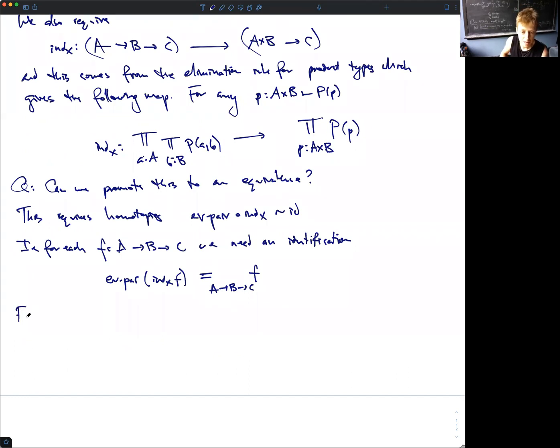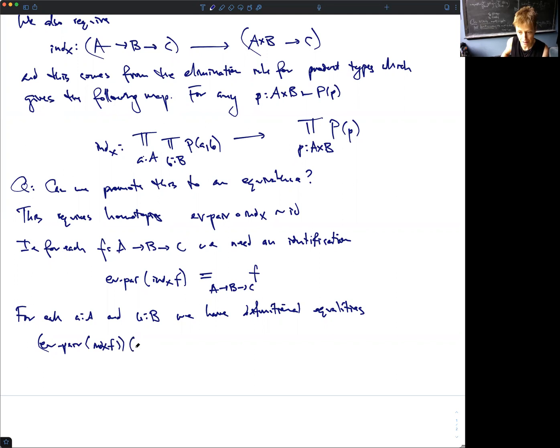For any A in A and B in B, we have some definitional equalities. What I'm about to do is unpack the definitions. So ev pair of ind times of f is the name of a function.